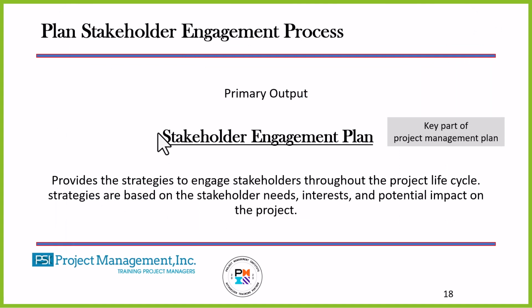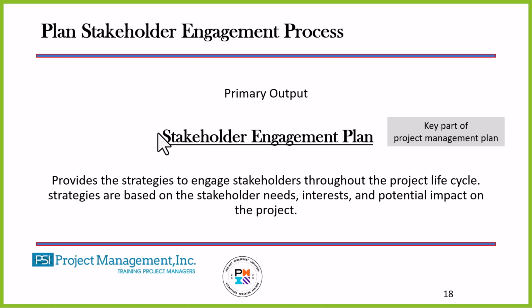In this process, called planned stakeholder engagement, we are going to create the stakeholder engagement plan. What we're going to do is take each key stakeholder, decompose it down, and understand that stakeholder completely.